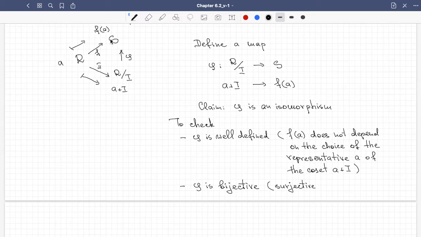F was surjective, so every element of S is F of A for some A in R. Take the corresponding coset, it maps to F of A. The map is surjective, and injective.